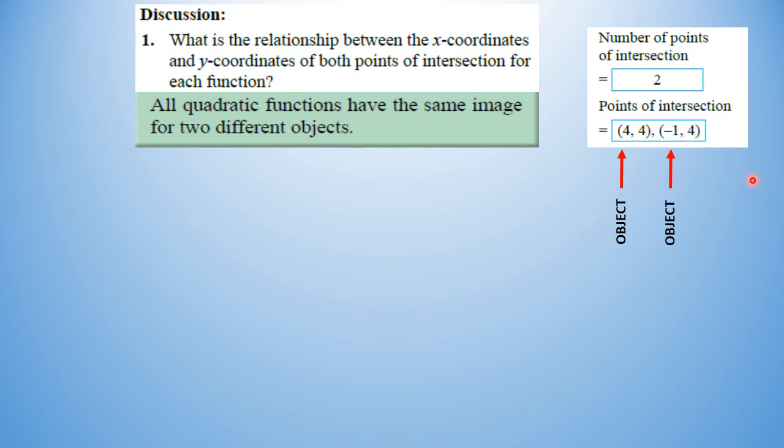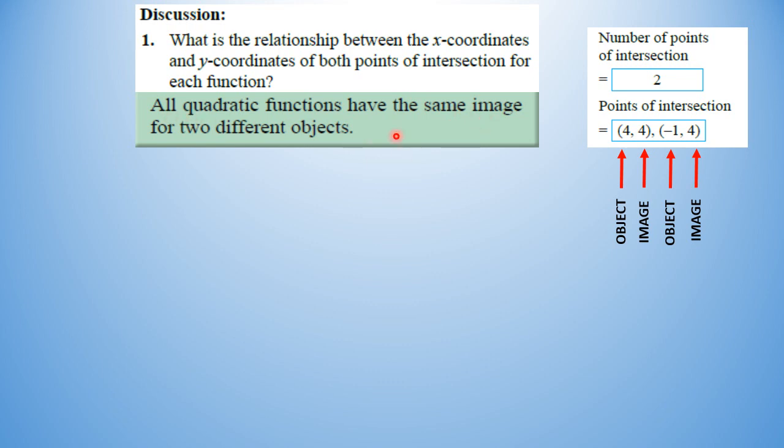And then the y-coordinate here is also 4. The y-coordinate is the image. From the 2 intersection points, we have 2 different objects. That means these 2 objects have different values.